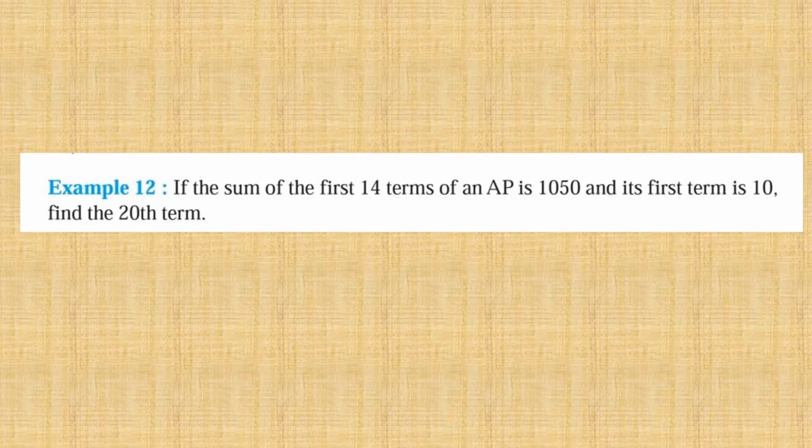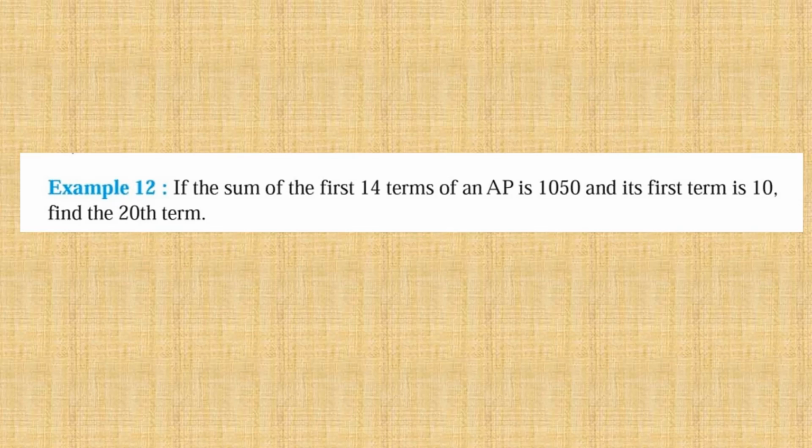So we start with a question. The question is like this: if the sum of the first 14 terms of an AP is 1050 and its first term is 10, find the 20th term. So here what all are given? Sum of the first 14 terms of an arithmetic progression is 1050.